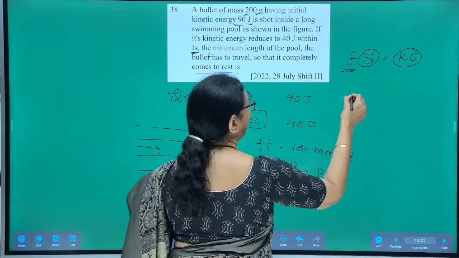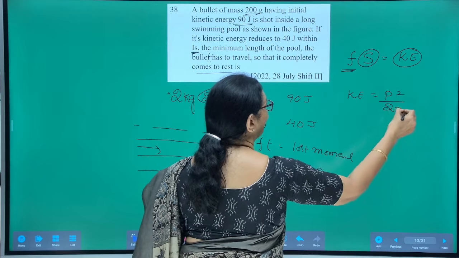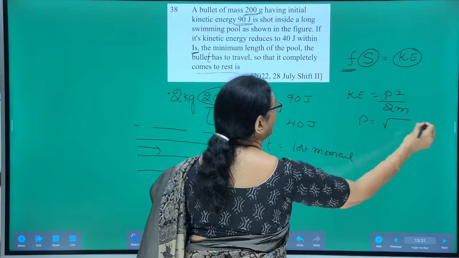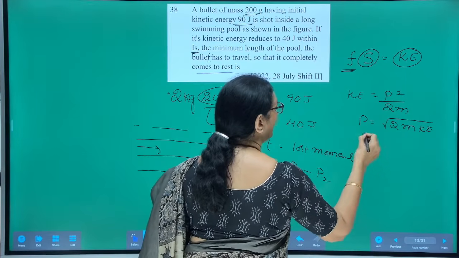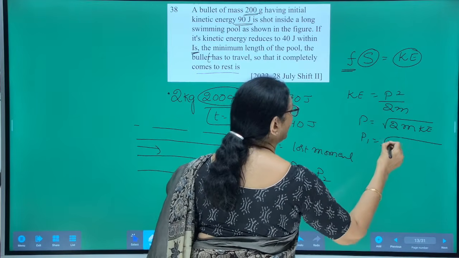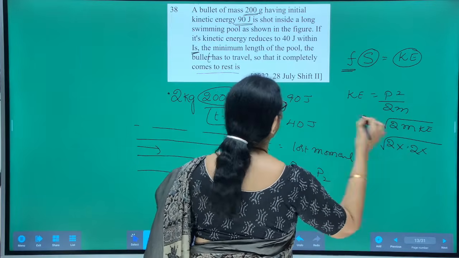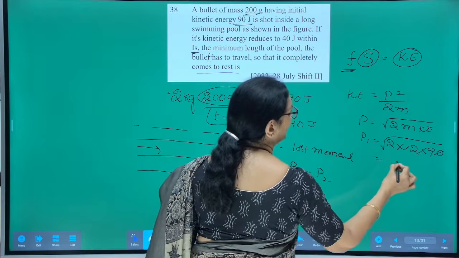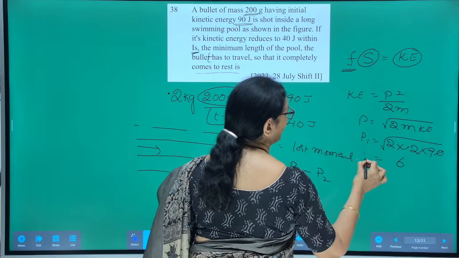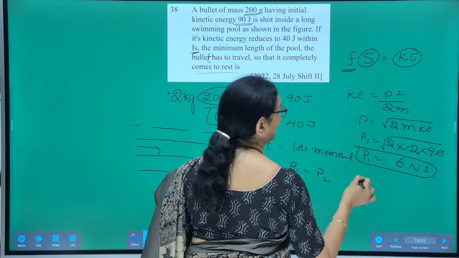So, KE is equal to P square by 2m, which implies P is equal to square root of 2m KE. So, P1 is equal to square root of 2, m is 0.2 and KE is 90. So, this is 6. So, the initial momentum is 6 newton second.